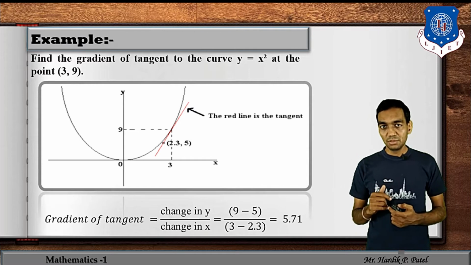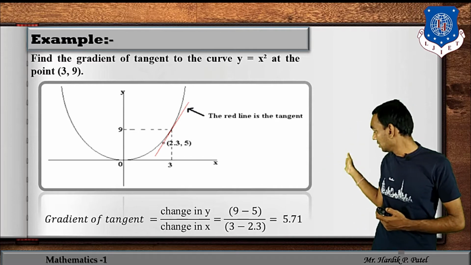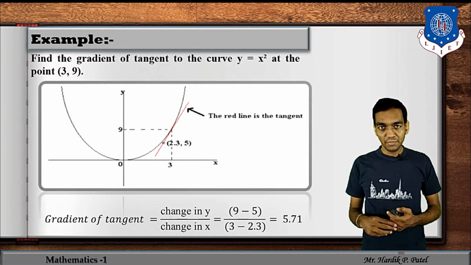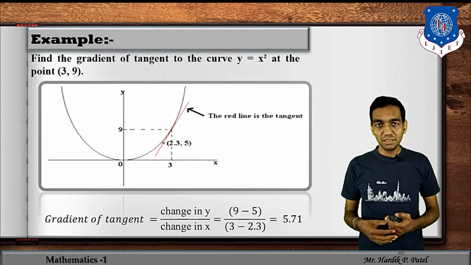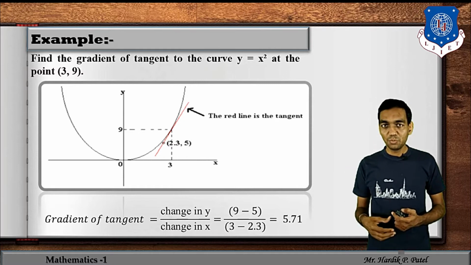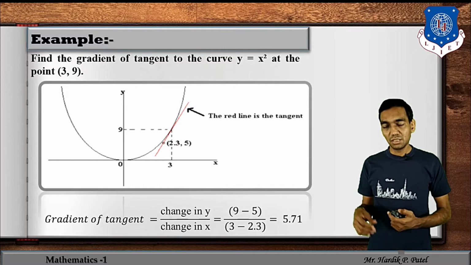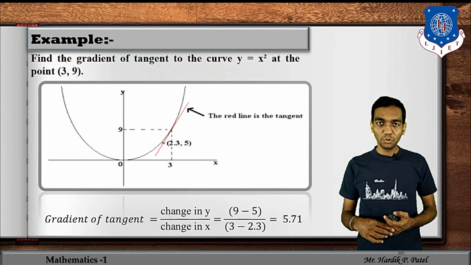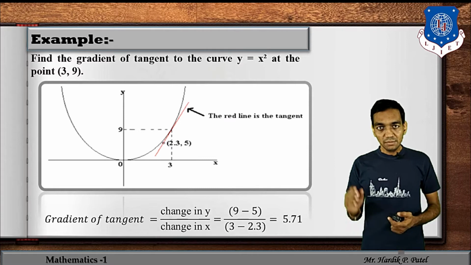First of all, we have drawn one tangent at the point 3, 9. Now to find the gradient of the tangent, we are going to take another point which lies on the curve. So we have taken another point 2.3, 5.